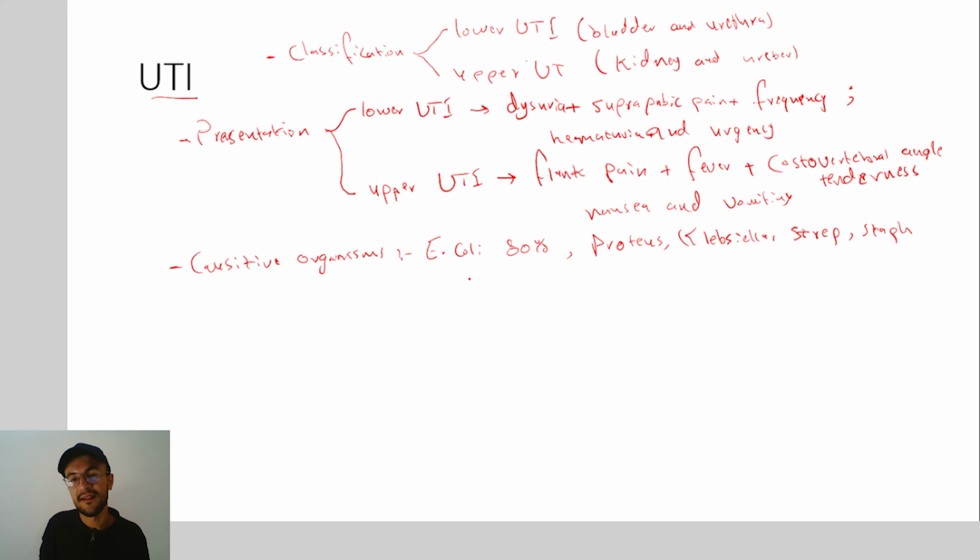But mostly it's a gram-negative pathogen like E. coli, Proteus, and Klebsiella. The E. coli is transmitted from the GIT through the anus to the urinary tract and it causes infection.